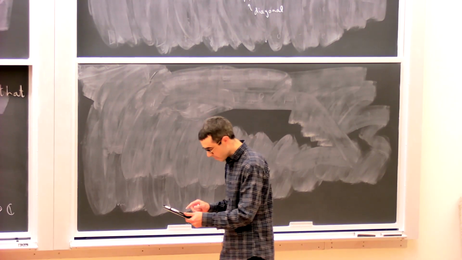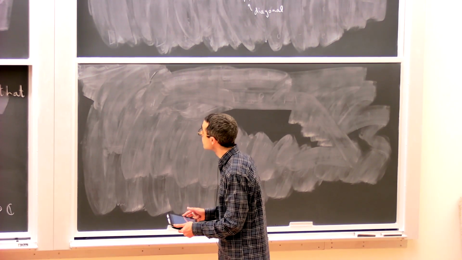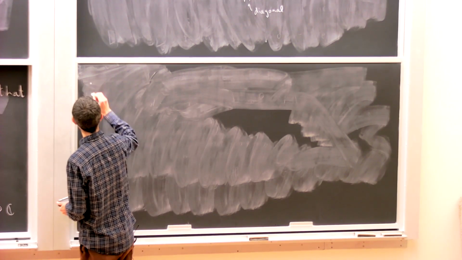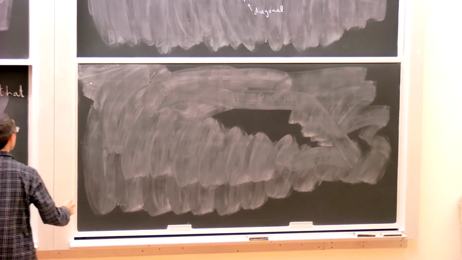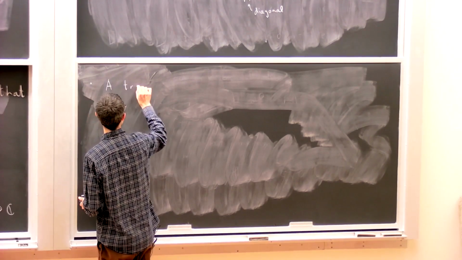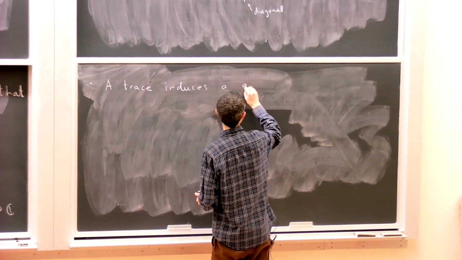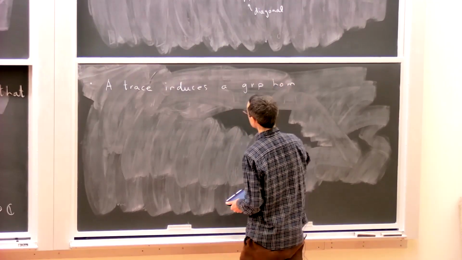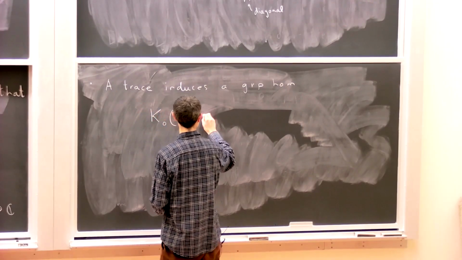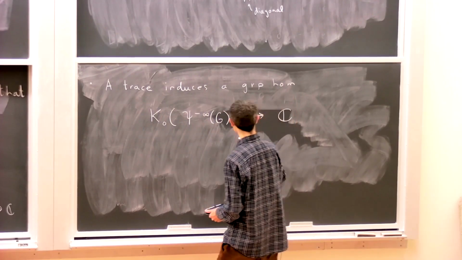I think I'm running out of time a little bit, so I'll have to jump over some things. I'll state some things as facts, which might be familiar to some people. Why we care about traces is that a trace induces a group homomorphism from the K theory of an algebra, in this case psi minus infinity G, to say the complex numbers.